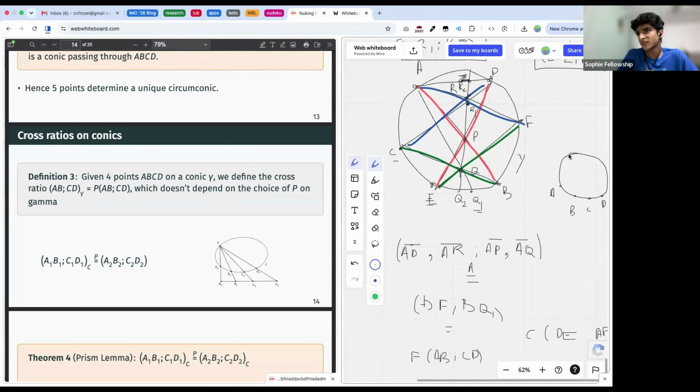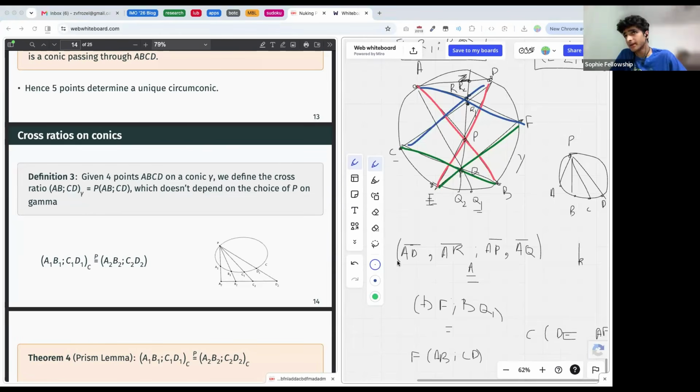It's defined by taking a fifth point P on the conic and looking at the cross ratio of these 4 lines, PA, PB, PC, and PD. So that is by definition the cross ratio of those 4 points on the conic. And the cool thing about conics is that whatever value K you get, it doesn't depend on P at all. That's the entire thing that makes conics so powerful.